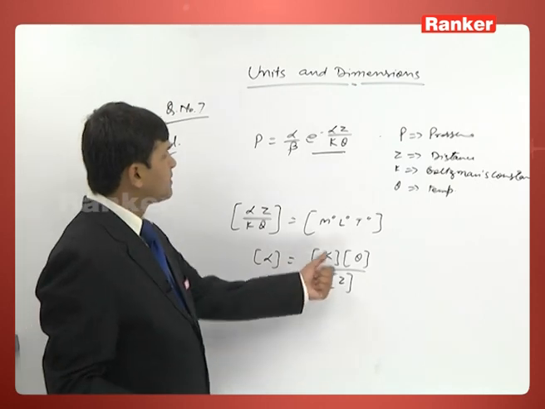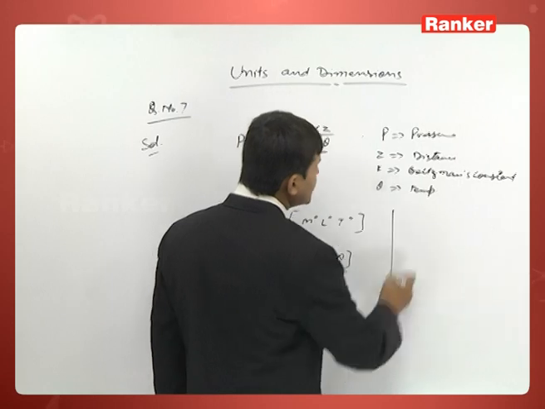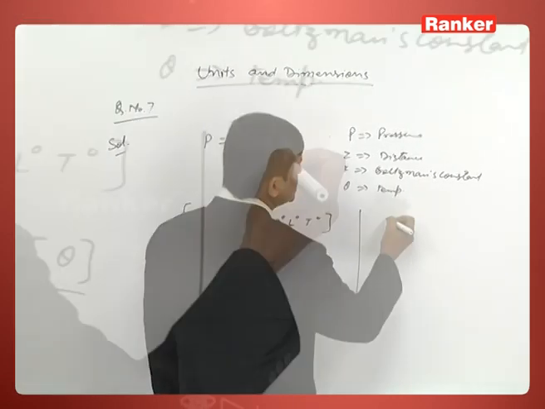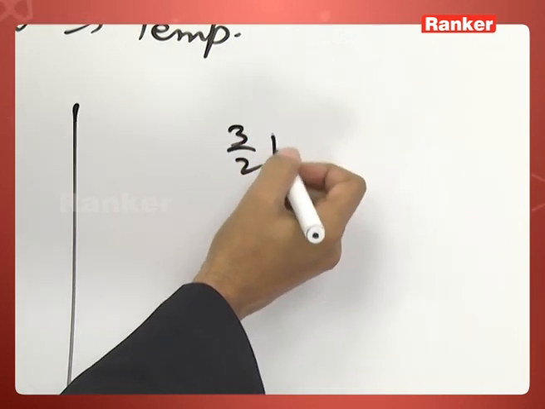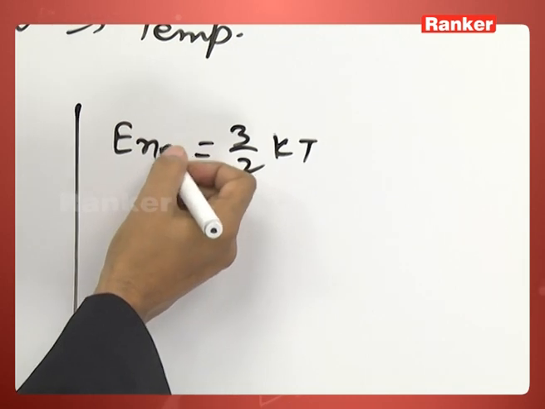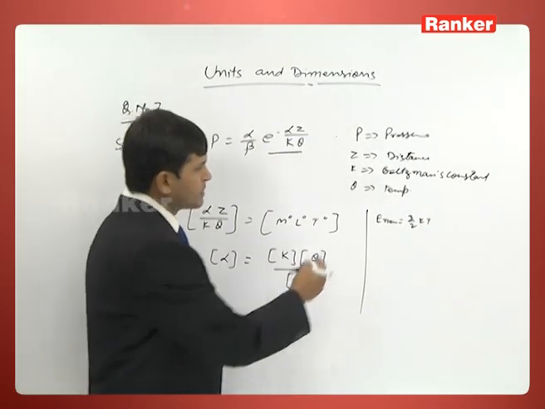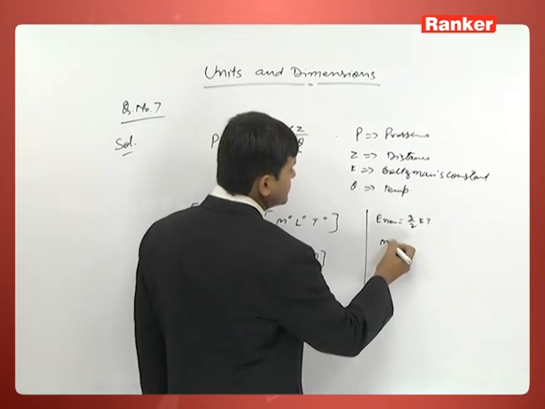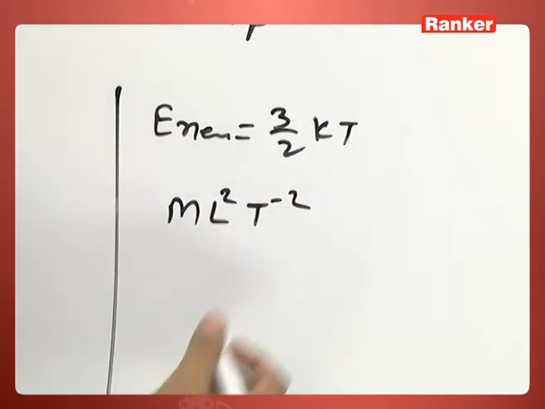So how to determine the dimension of k? K is the Boltzmann constant. As we know, the energy of a molecule is given as 3 by 2 kT. The dimension of energy we know is M L square T minus 2.